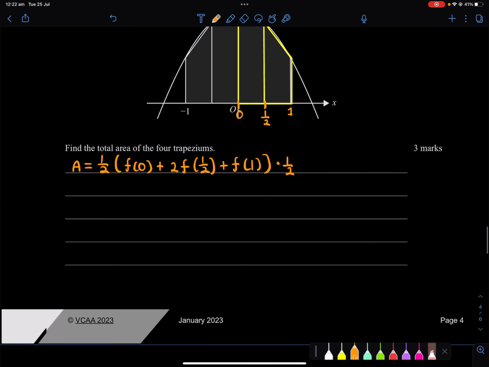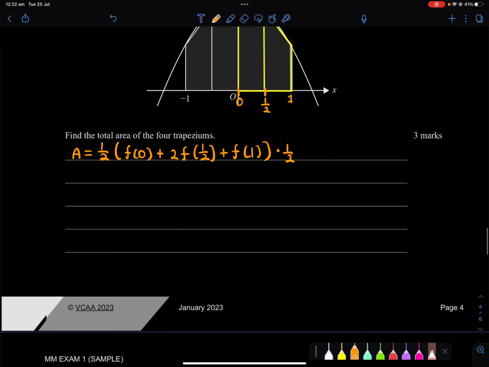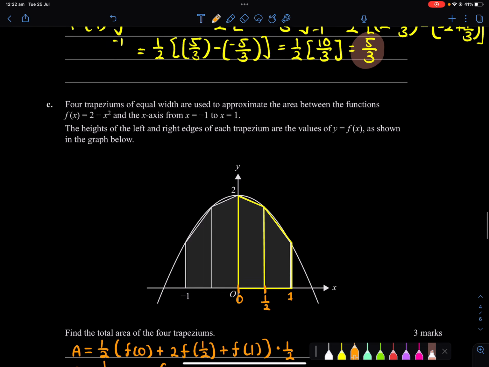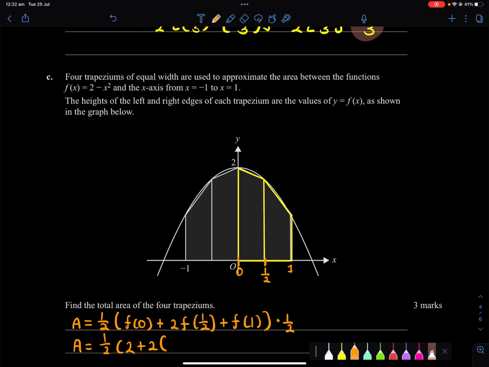All right, and this, let's simplify. So what's f(0)? We can see that f(0) is 2, so we can put a 2 here. Plus 2, what's f(half)? We know the equation over here, so f(half) equals 2 minus half squared.